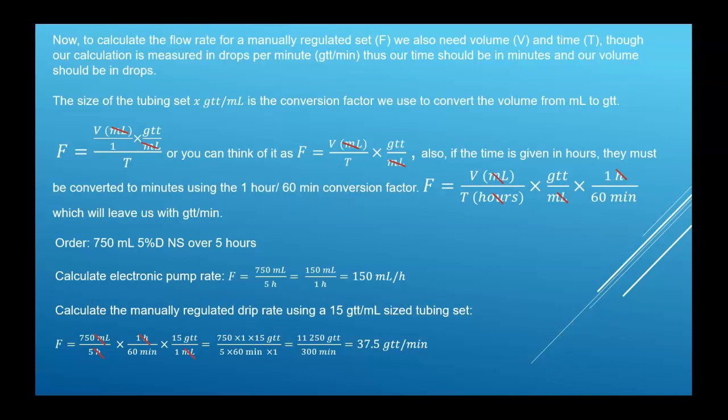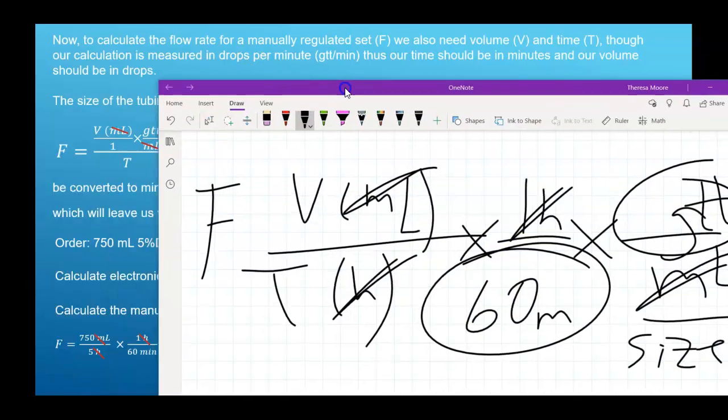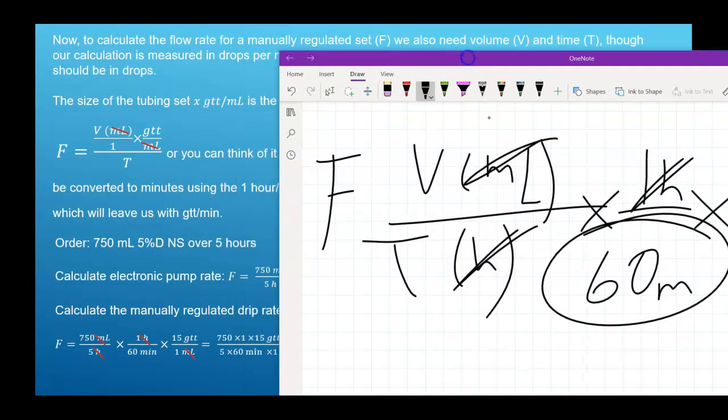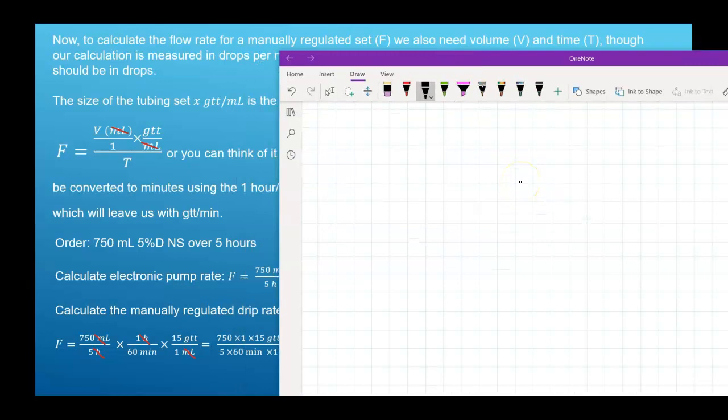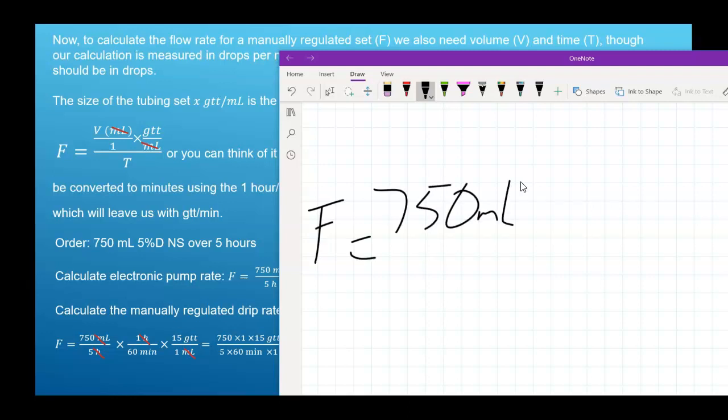Okay, so we have an order here, 750 milliliters over 5 hours. So for a pump, our flow rate's going to be 750 milliliters over 5 hours. So we need that to be milliliters over 1 hour.